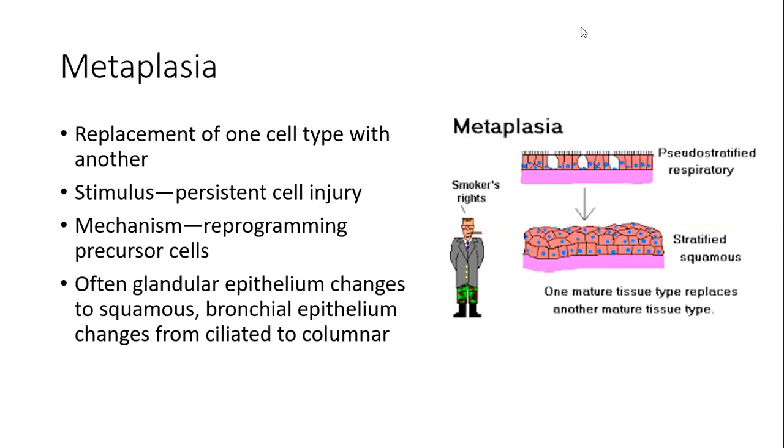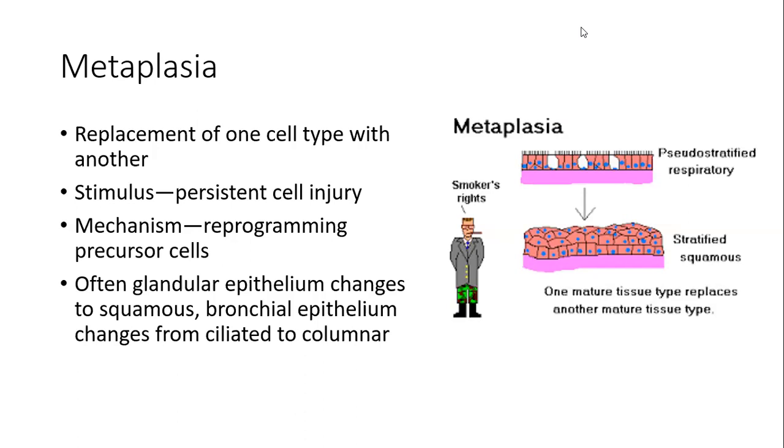Metaplasia is the replacement of one cell type with another. A stimulus for this is persistent cell injury. The mechanism is the reprogramming of precursor cells. So an example, as I mentioned before, often happens in glandular epithelial cells when they change to squamous, or bronchial epithelium changes from ciliated to columnar.